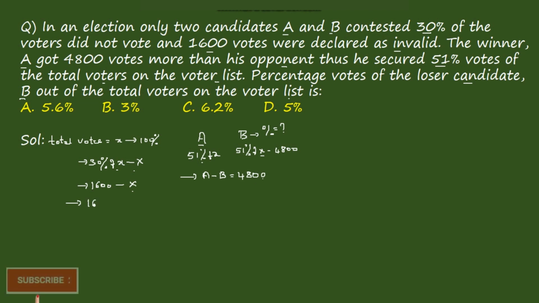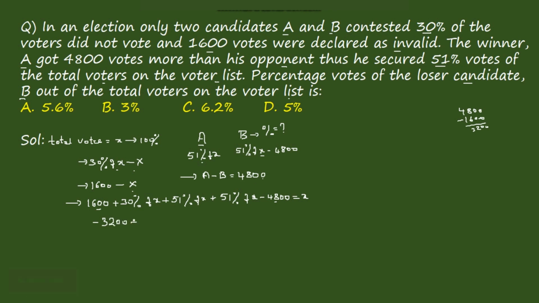First, we have to consider the 1600 plus 30% of X, plus A would be getting 51 percentage of X, plus B is getting 51 percentage of X minus 4,800, which is nothing but total votes, which is nothing but X. First we'll be subtracting it. 4,800 minus 1600 becomes 3200, which is nothing but minus 3200, plus percentages.